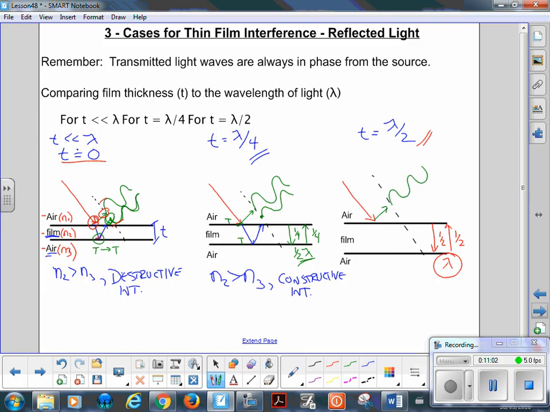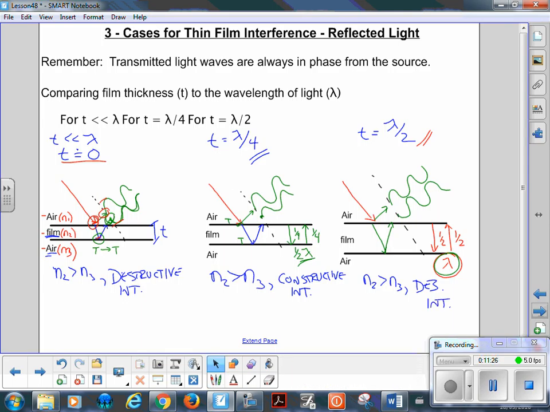Because it's done a whole shift, it really hasn't changed. So it's out of phase and tells me that for N2 greater than N3, we have destructive interference again.